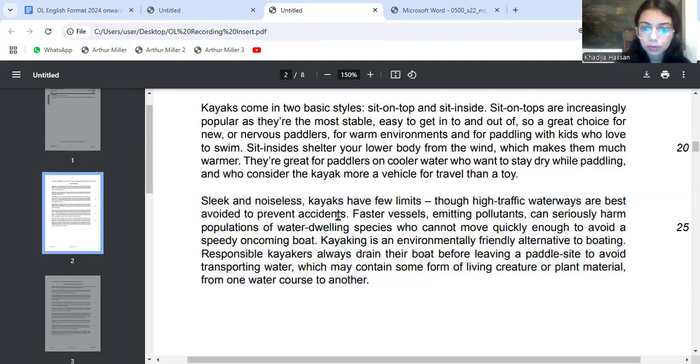All right, so why is kayaking more environmentally friendly than other water sports? Because faster vessels emit pollutants, kayaks do not emit pollutants.